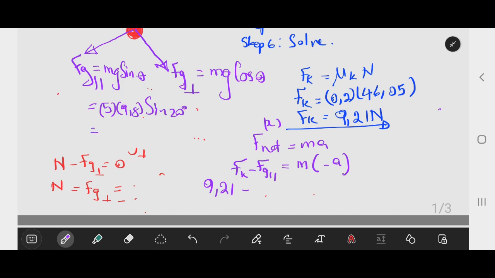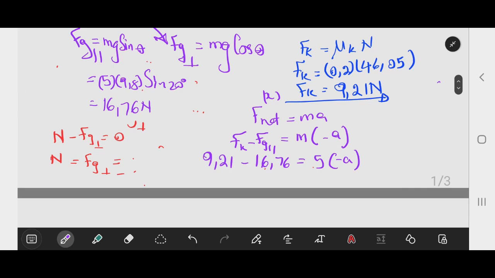So that would be 5 multiplied by 9.8 multiplied by sine 20. Then it means Fg parallel is equal to 16.76 newtons, right? 16.76 newtons, and the mass of the object is 5 kg, and that is the acceleration, right?